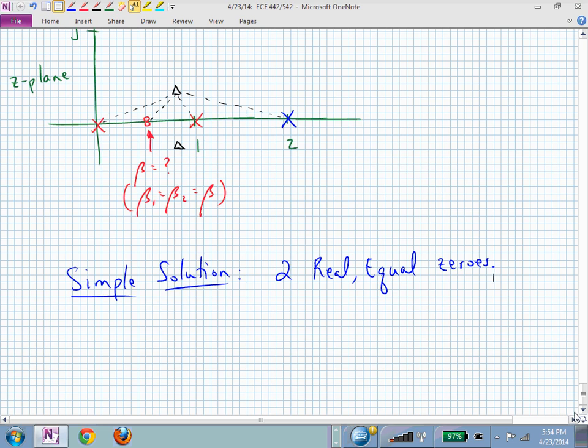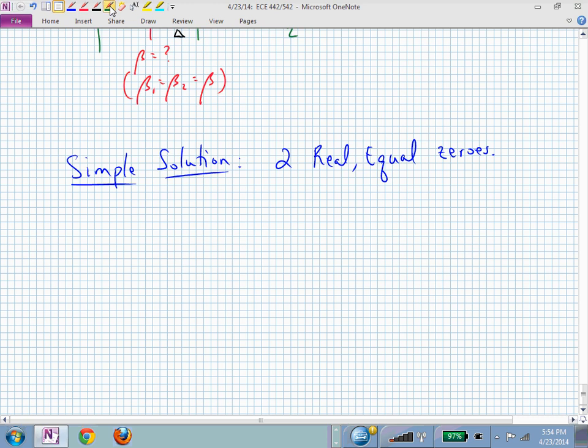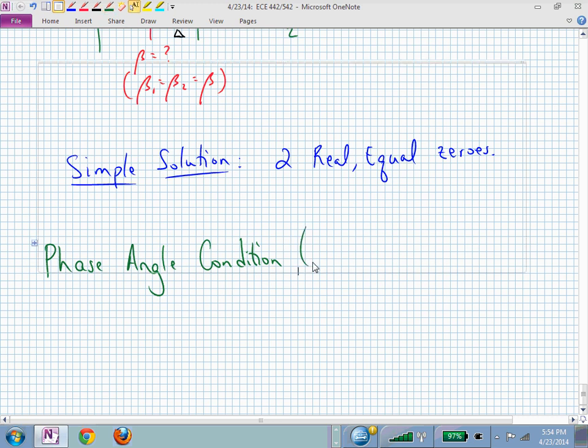We now need our phase angle condition again. Uh-oh. And we're going to do this with z delta equal to 0.8 plus and minus j0.2.